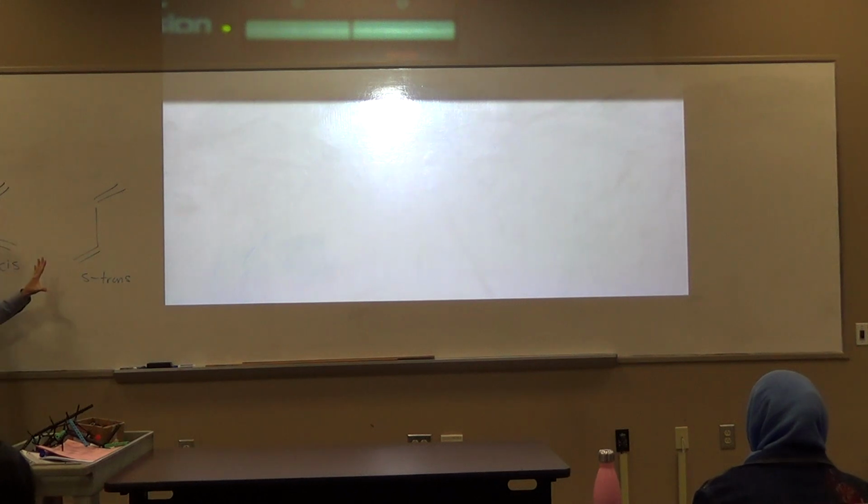Which form does it have to be in to do Diels-Alder? S-cis, because these two are going to react this way with an alkene. If I'm going to make the two bonds to you right here, I can't do it like this. Your other hand is on the wrong side, right? Now I can react, S-cis. There are some compounds that are stuck in the S-trans form, and then they can't do Diels-Alder.